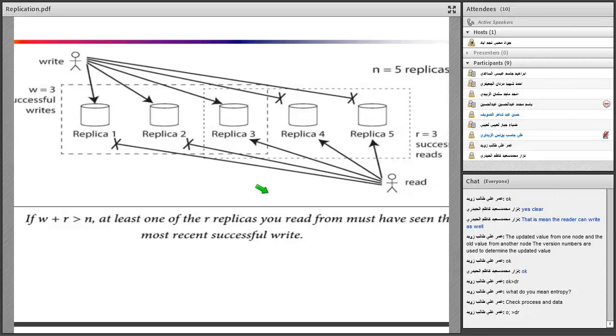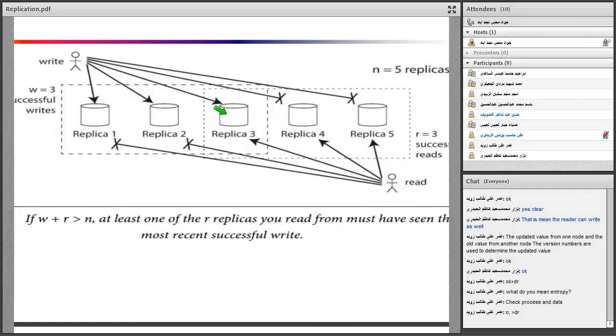So the reader gets the value from replica 3, replica 4, and replica 5. We know replica 4 and 5 have the old version, but replica 3 has the latest version, the new version of the value.